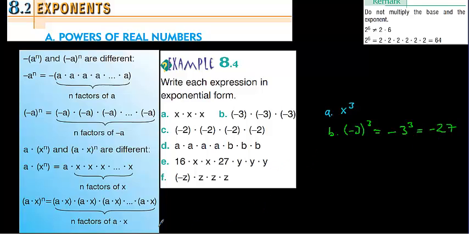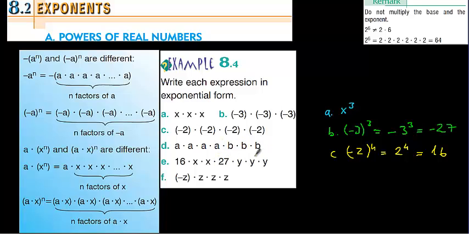Okay, the next one is minus 2 to the power of 4. An even power of a negative number is going to be positive. The result is going to be positive 2 to the power of 4, which is equal to 16. Here, 8 times a times a times a times a times b and b and b.